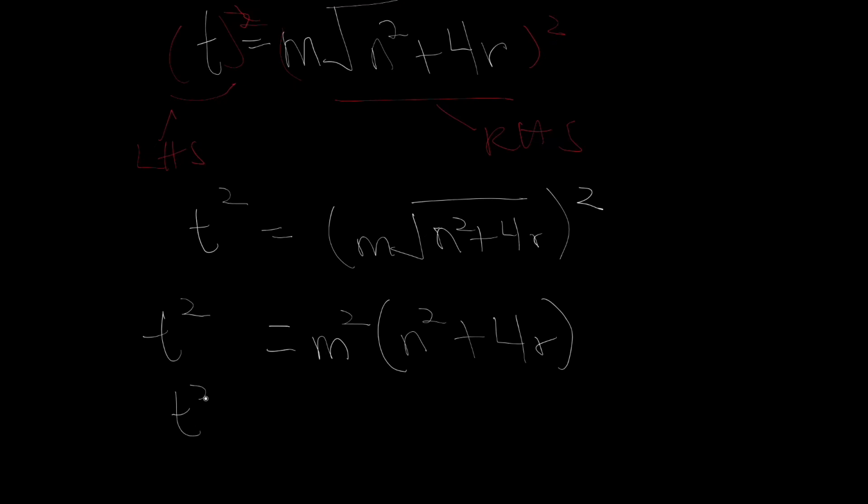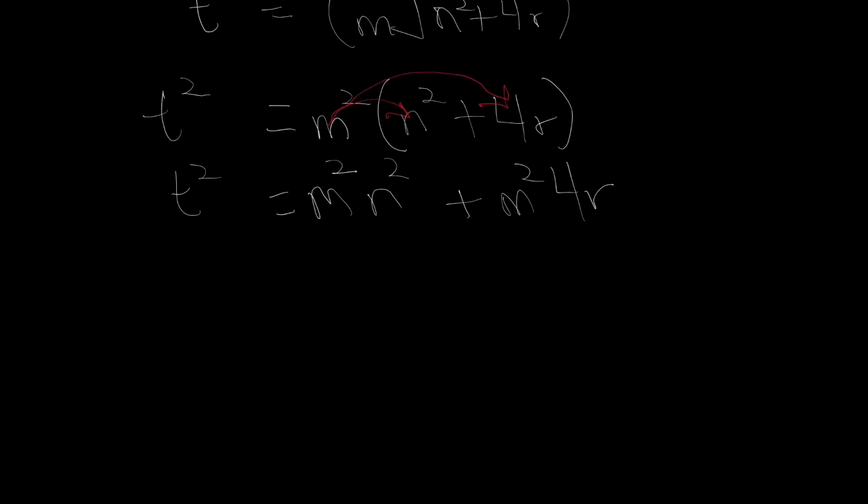So t squared will be equal to m squared n squared plus m squared 4r.